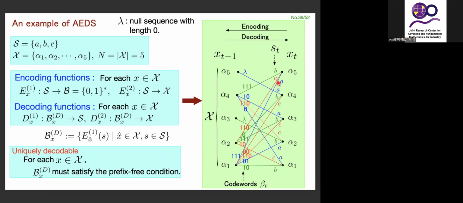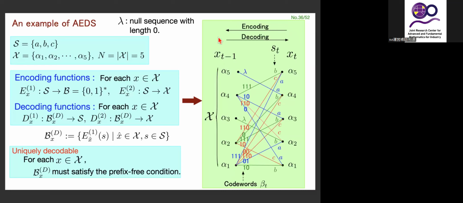Each node on the right side represents the internal states alpha 1 to alpha 5 at the time t. And each node on the left side represents the internal states alpha 1 to alpha 5 at the time t minus 1. And the line connecting the left side and the right side represents the state transition. In encoding, the state moves from the right side to the left side.